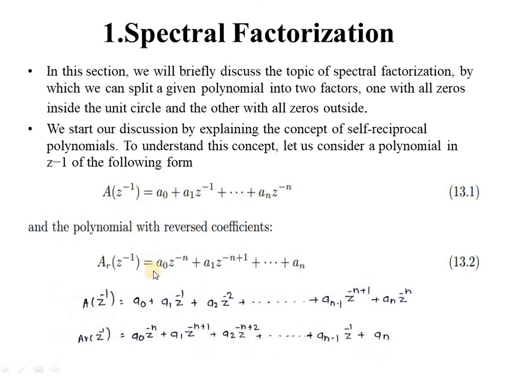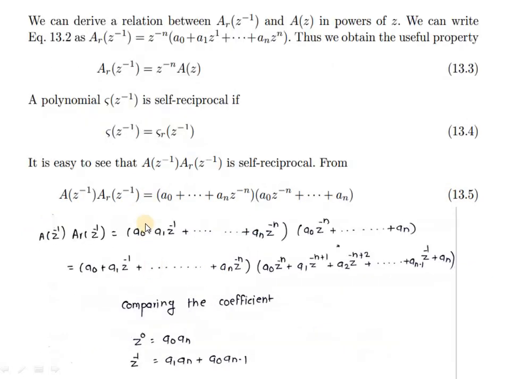We have taken these two polynomials as they are. Here we have taken just the multiplication of polynomial a and the a_r polynomial, which is the polynomial with reverse coefficients. This polynomial is the same as this polynomial. Here we have just written only the simplified terms in this polynomial.